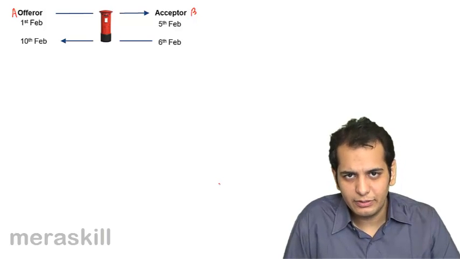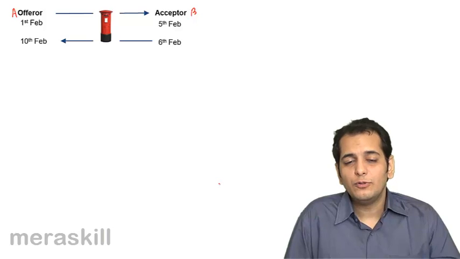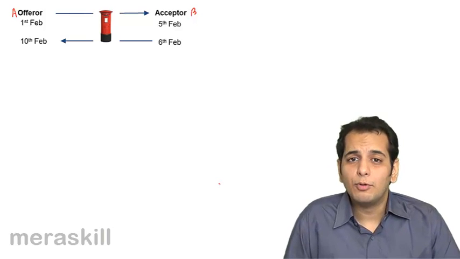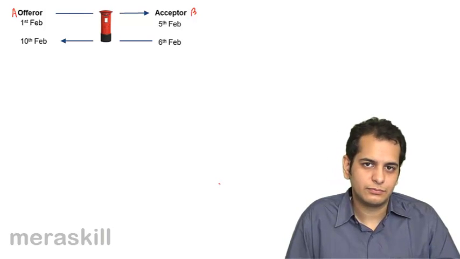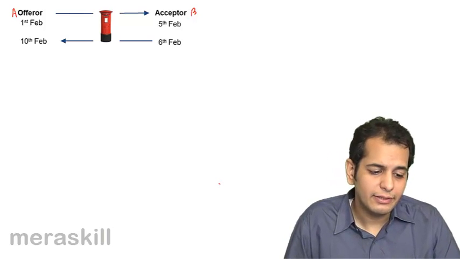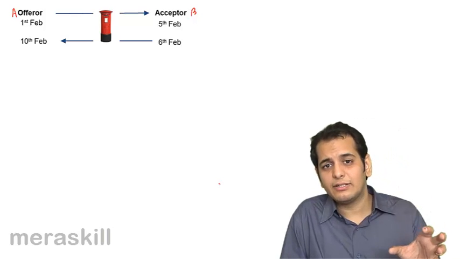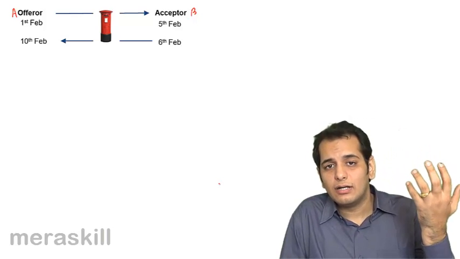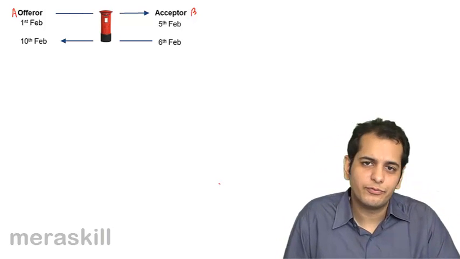He writes to B asking him, will you purchase my bullock cart for rupees 1000? And when does he do that? He writes the letter on 1st Feb. Now this letter, which has an offer in it, reaches B on 5th Feb.